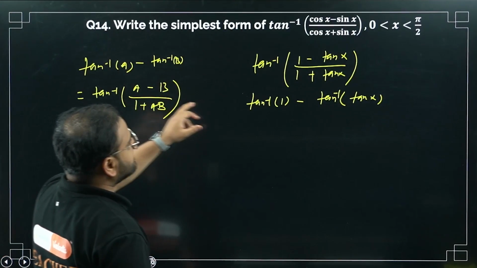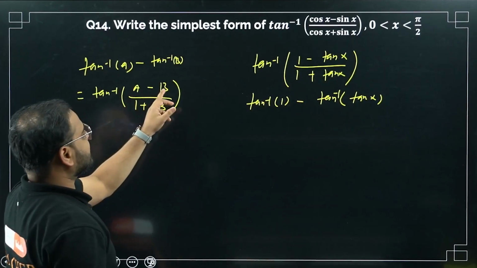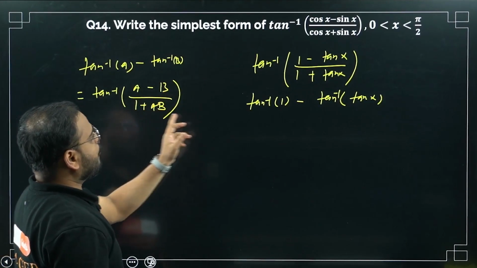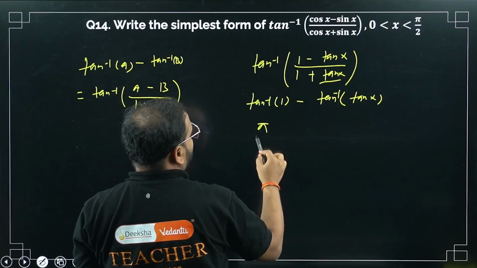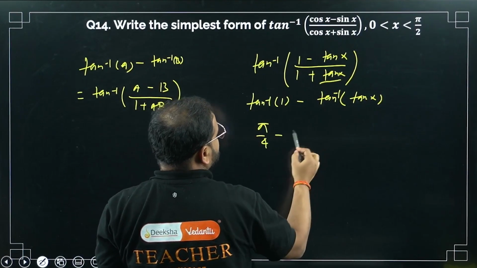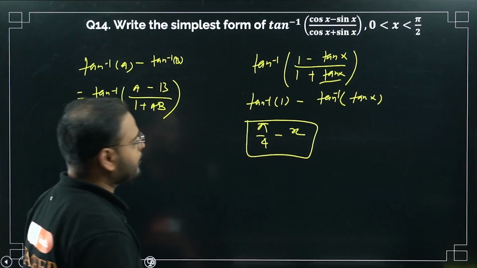So a in this case is what? 1, and b in this case is what? Tan x. So 1 minus tan x and 1 plus 1 into tan x. How much is that? Simply tan x. So please check. Pi by 4 minus x. Answer is pi by 4 minus x.